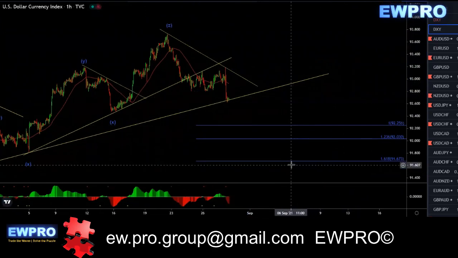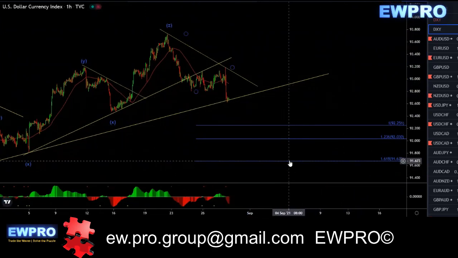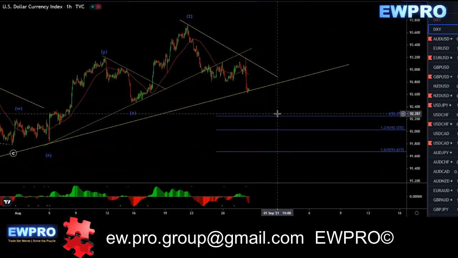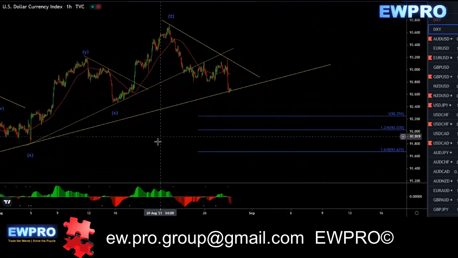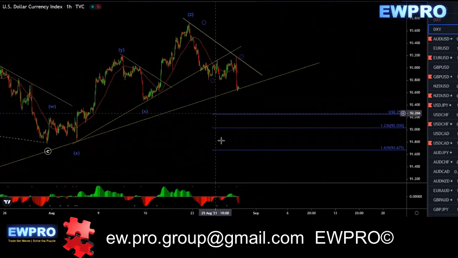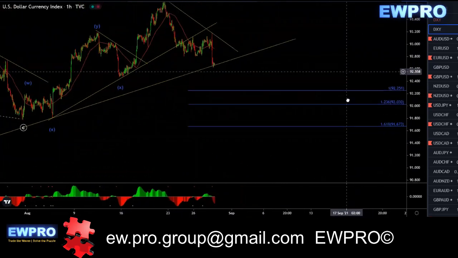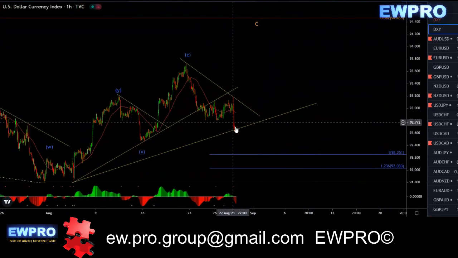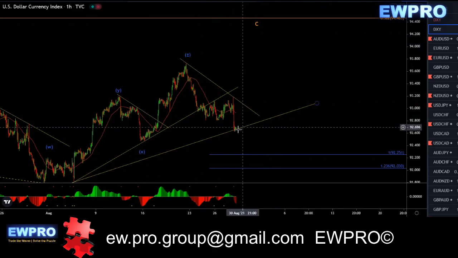So your first and second target on the H1, we can just take half off at the 100 fib and let the rest run for the daily. You may get down to that weekly 100 fib. But this is a nice setup here. Any sell setup you get, any bearish flag, look for that sell.